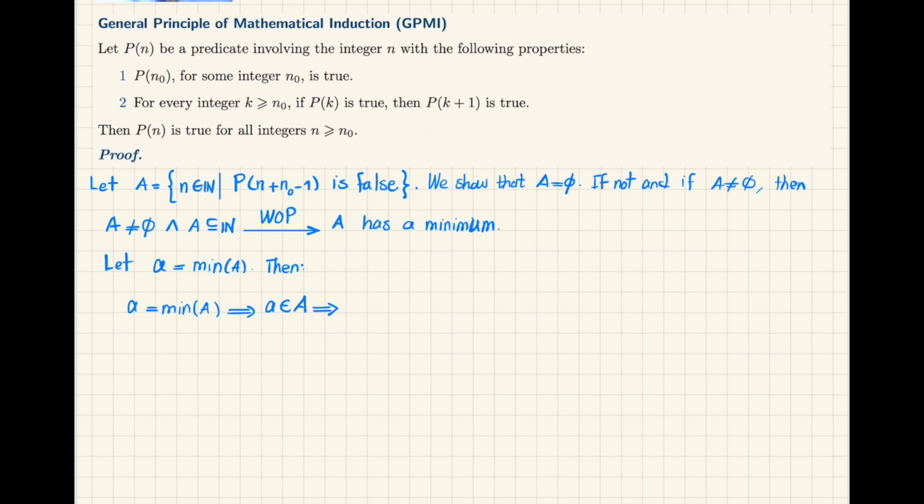So I can conclude that a is a natural number in the first place, and that when I replace this n with this a, what I get is a false statement. So it means that p of a plus n node minus 1 is false. So let me put this in a box. I want to refer to it later.